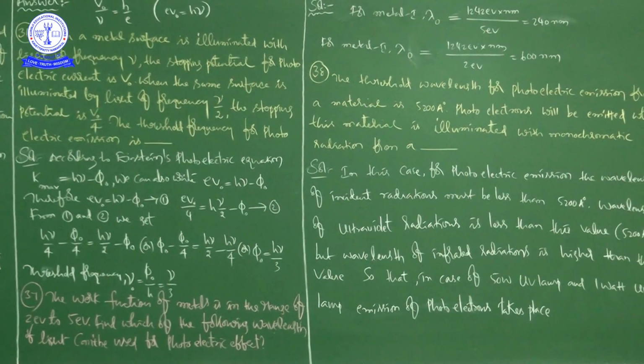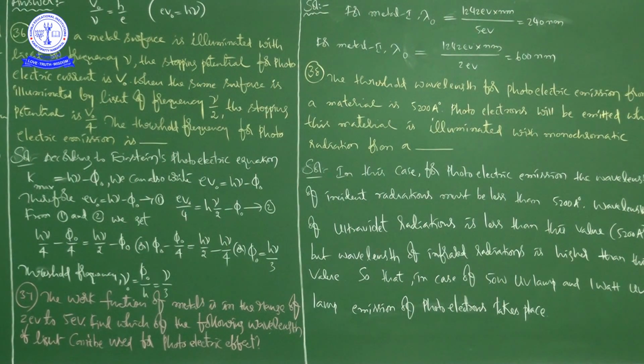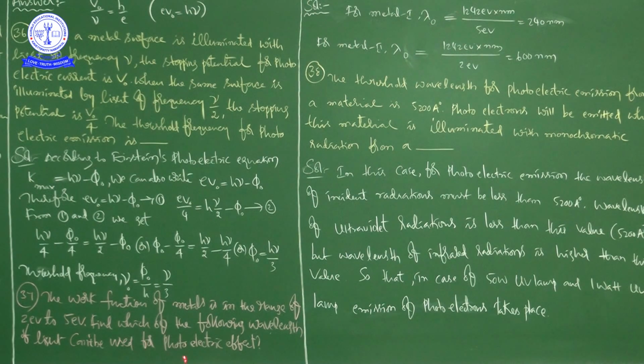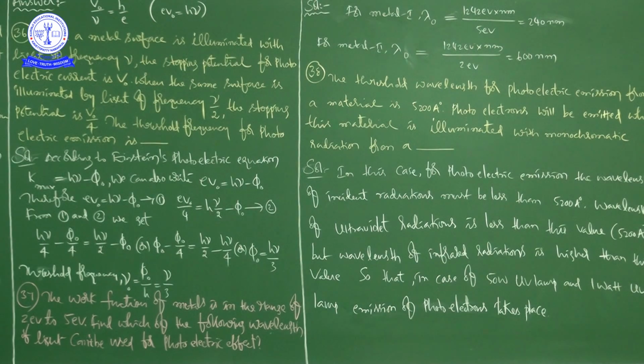Next, the 37th problem. Look at this problem: he is asking which of the following wavelengths of light cannot be used for the photoelectric effect.